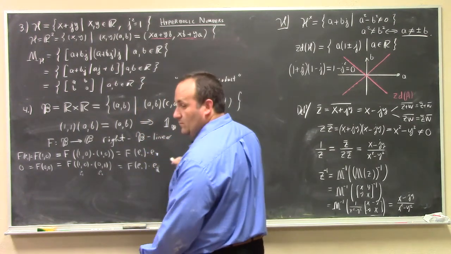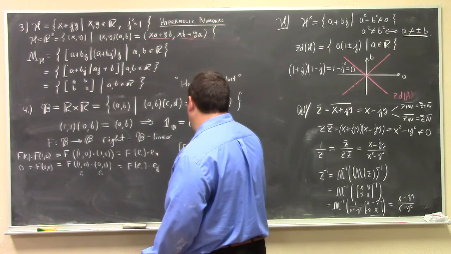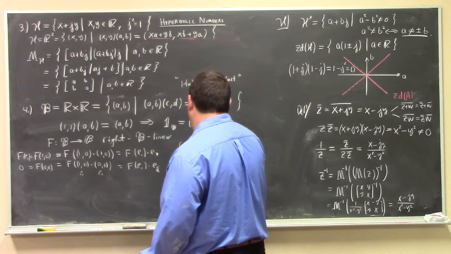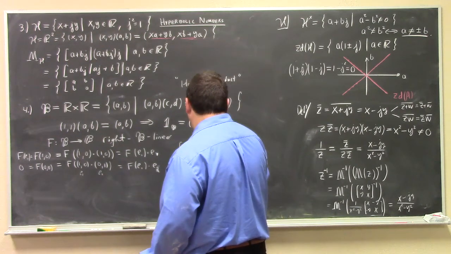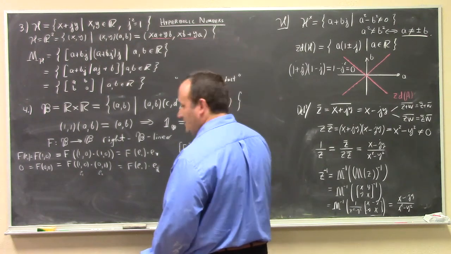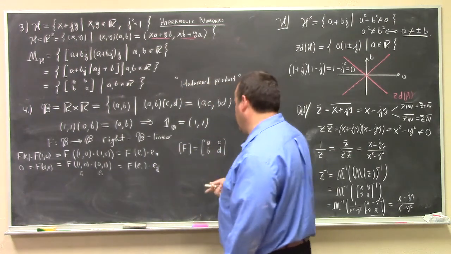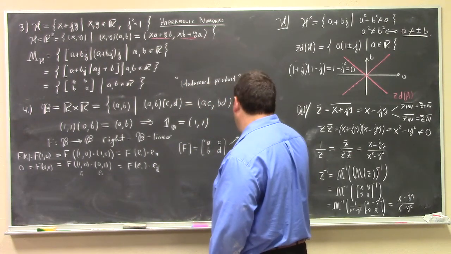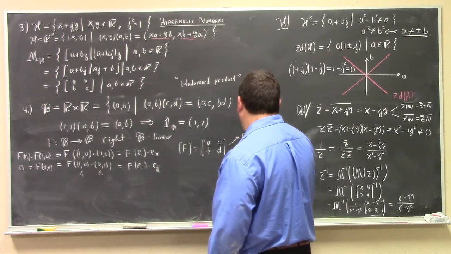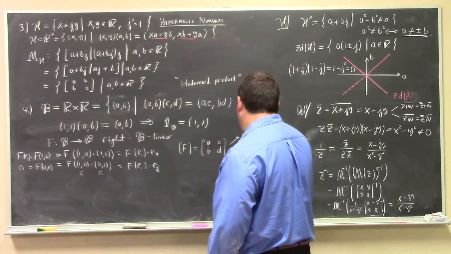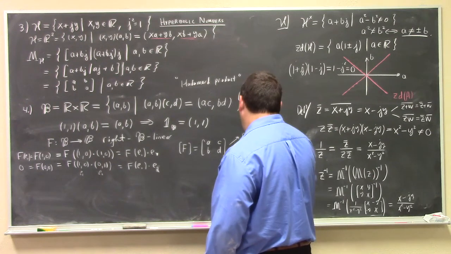All right, so the standard matrix of F looks like, let's say, A, B, C, D. Sometimes I do A, B, C, D differently, but I did it this way this time. So F of E1 is AB, and F of E2 is CD.